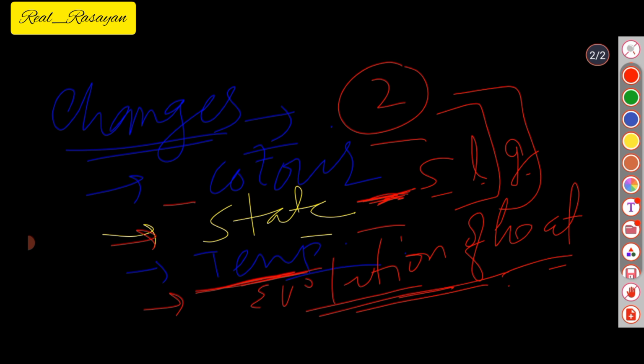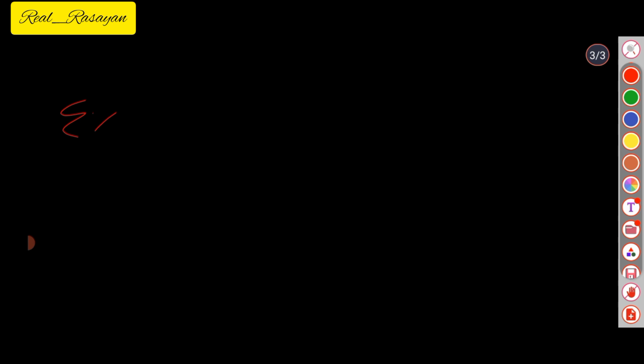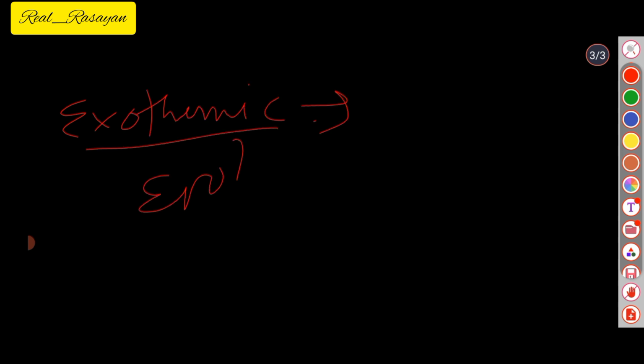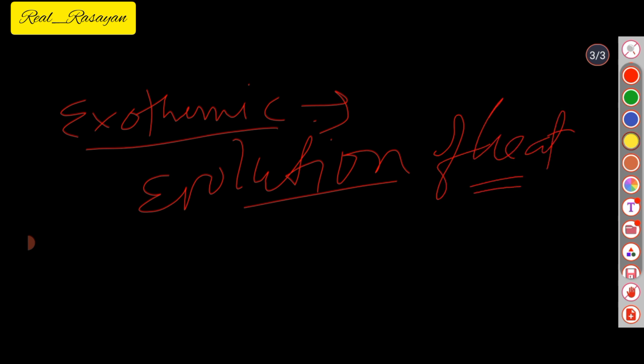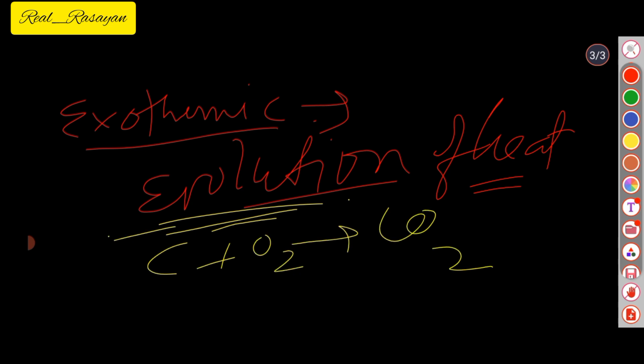On the basis of evolution of heat, reactions are of 2 types. First is the exothermic reaction, in which evolution of heat takes place. Point to remember here, you can cite the example of combination reaction. Carbon plus oxygen gives carbon dioxide.